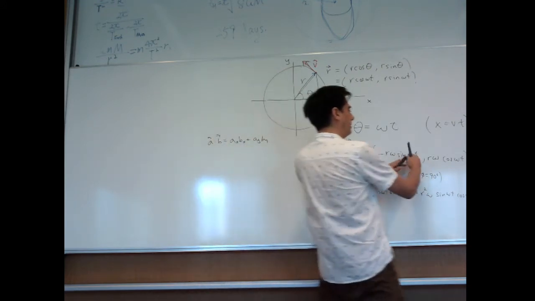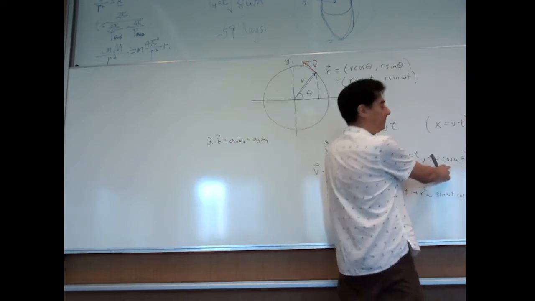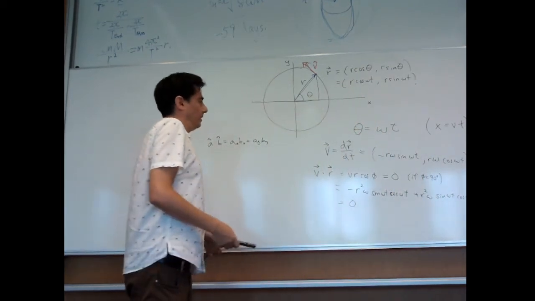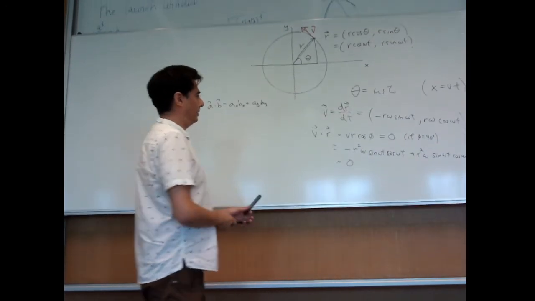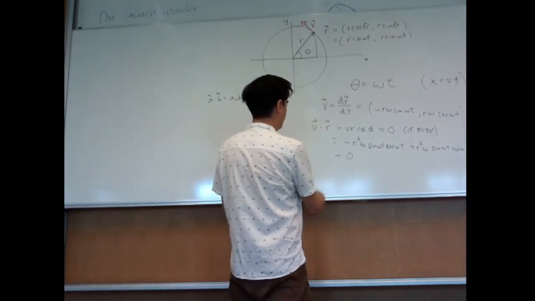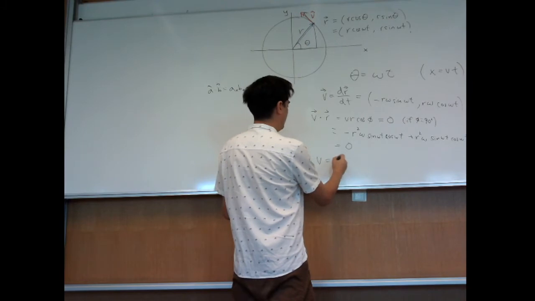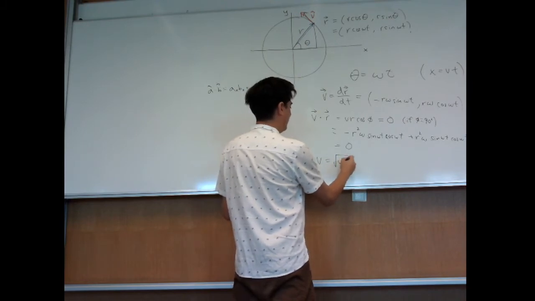So you just do Pythagoras on this. If we want to work out the magnitude of the vector, it's going to be the square root of vx squared plus vy squared.